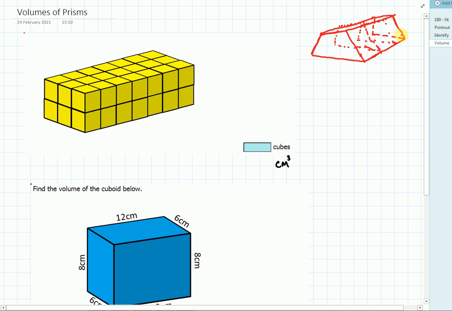So we'll start with the simplest shape we've got, which is a cuboid. Now, this end is repeated, so let's look at the end. If we're counting blocks and they're all 1 centimetre, we're going to say these are 1 centimetre blocks.